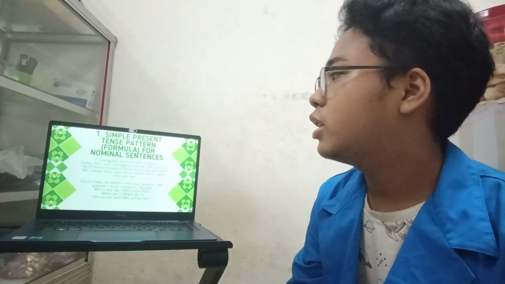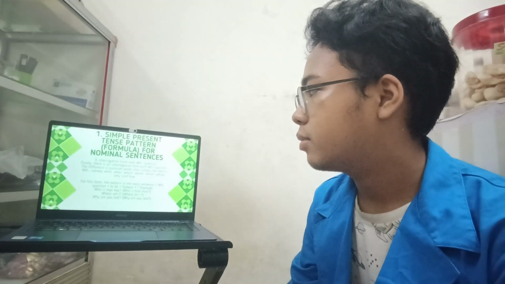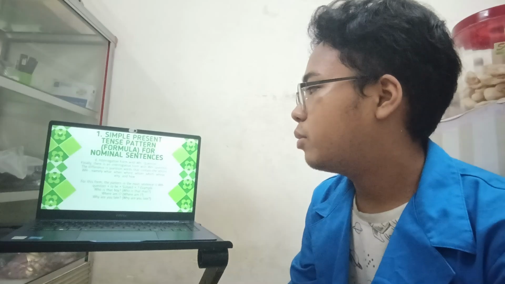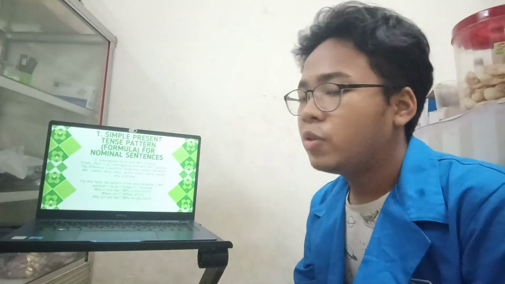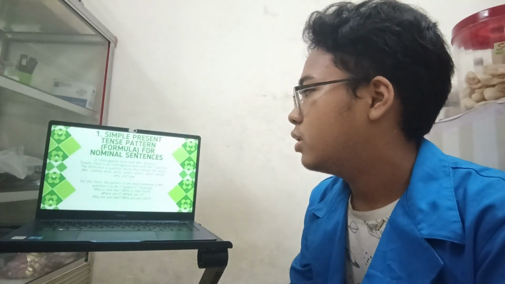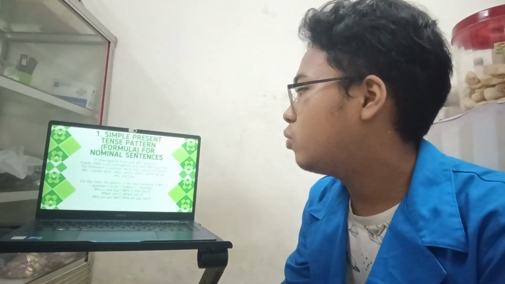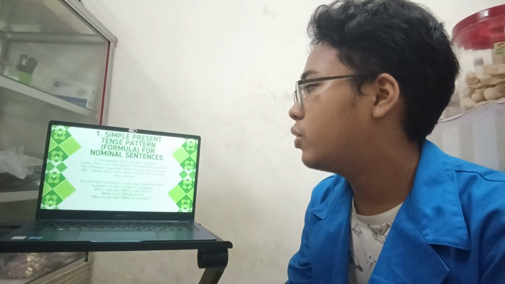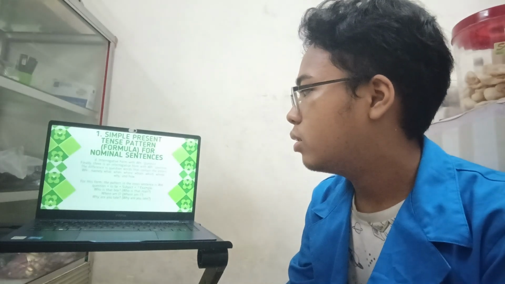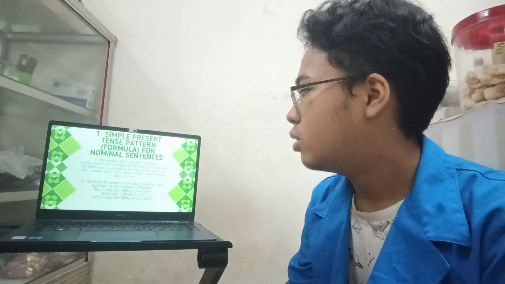Next one is simple present tense pattern for nominal sentence. This is the last one for the nominal sentence: interrogative form with the WH question. The difference is the question word that contains the letters WH, namely what, when, where, whom, which, whose, why, and how.